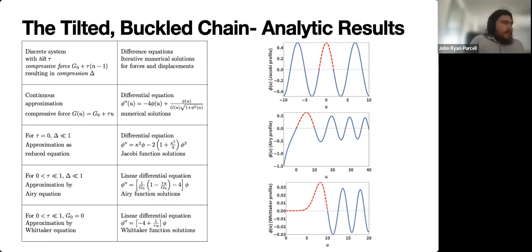For small tilts and small compressions, we find a version of the Airy equation, which is shown in the second graph on the right. And then finally, where the compressive force of the wall goes to 0, we find Whittaker functions and solutions, as shown in the third graph on the right here.